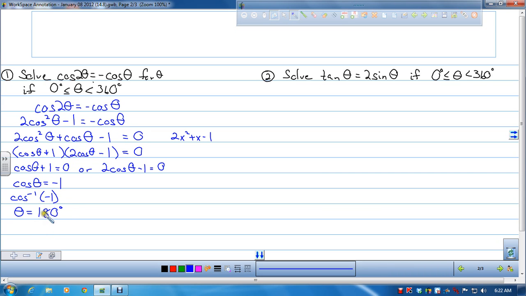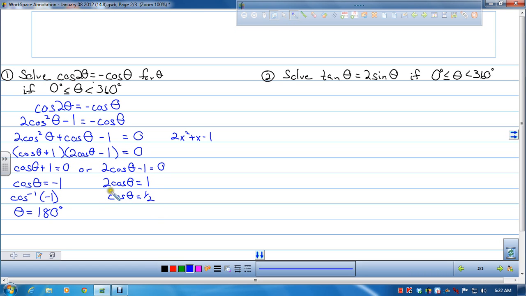Okay. Now down here, I would move my 1 first, so I'd have 2 cosine theta equals 1. I'd have to divide by 2, so I'd have cosine theta equals 1/2.